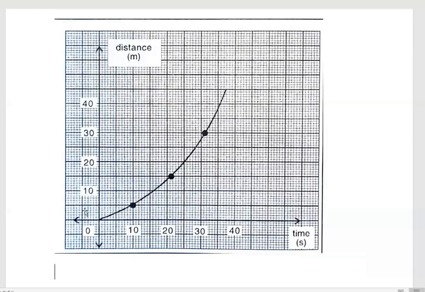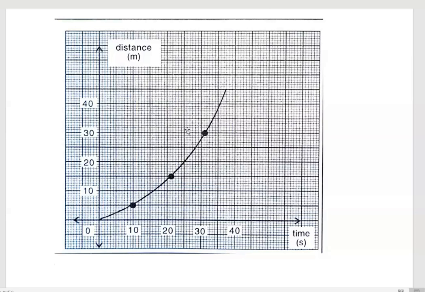See this, between 0 to 10, this point is 5, because it is half. So naturally, at 10 seconds, the object is at 5 meter. At about 22 seconds, the object is at 15 meter. And at about 32 seconds, the object has covered 30 meter distance.